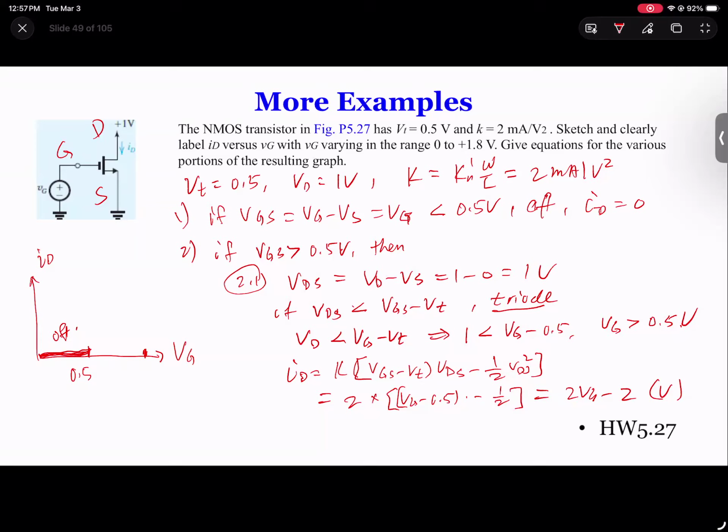Let's do it again. So VDS, VD minus VGS minus VT, which is less than 1, which, oh, I see. I made a mistake. 1.5. Sorry about that.